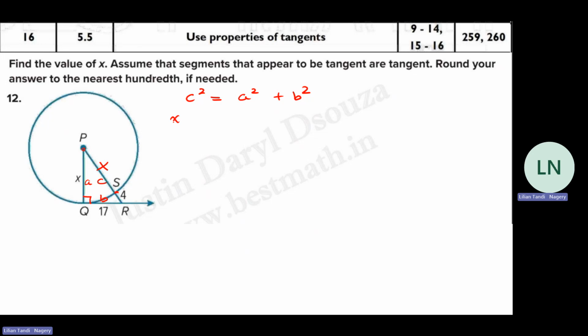C is X plus 4, squared, equals X squared plus 17 squared. Okay, when I do this one, I will get X plus 4, X plus 4 equals X squared plus 289.